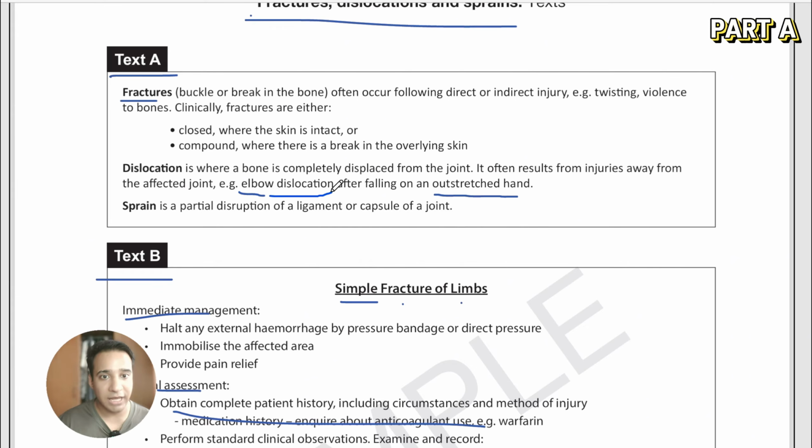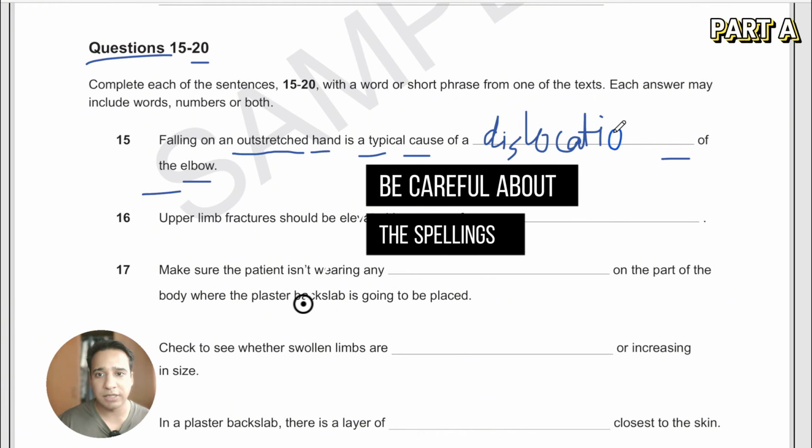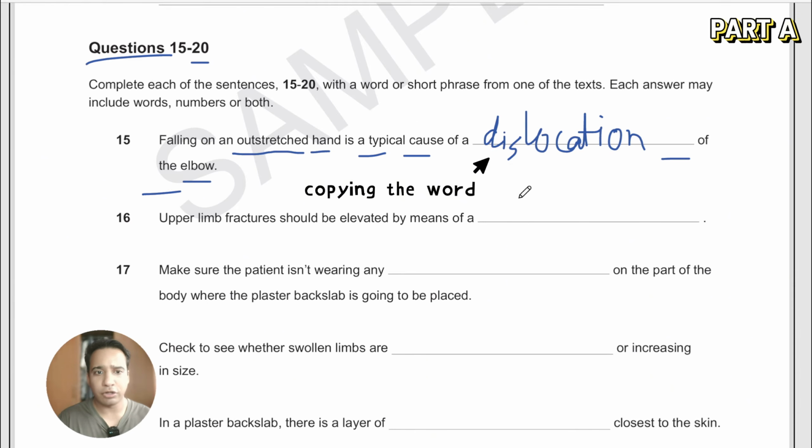So it's dislocation of the elbow. Answer is dislocation. Remember, you'll be writing the answers. You have to be careful about the spellings because here you're copying the word exactly from the text. And if you write it wrong and have spelling mistakes, you're going to lose the marks.